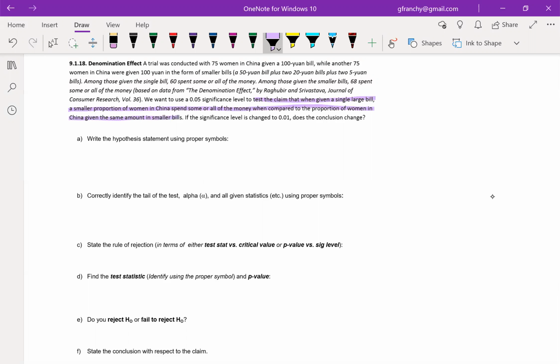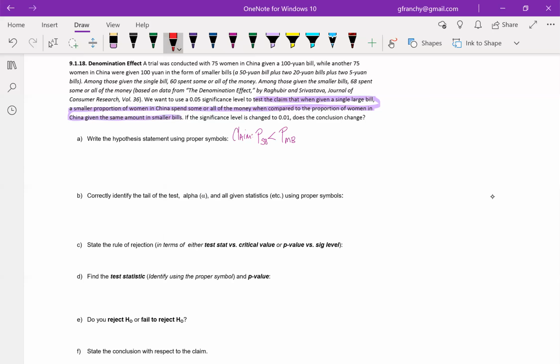And boy, this is a long claim here, but such is life. So our claim is that the proportion of women given a single bill, the proportion that spend some or all of the money for those given a single bill is less than the proportion that spends some or all of the money given multiple bills.